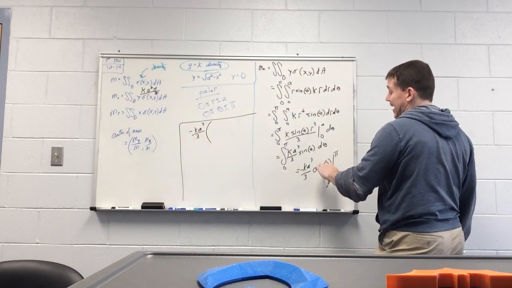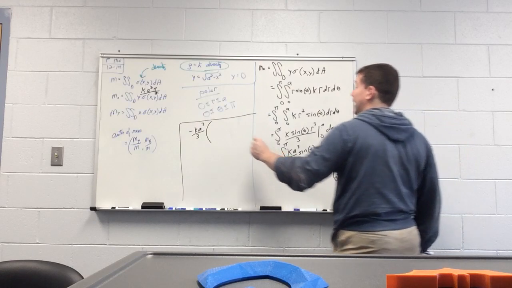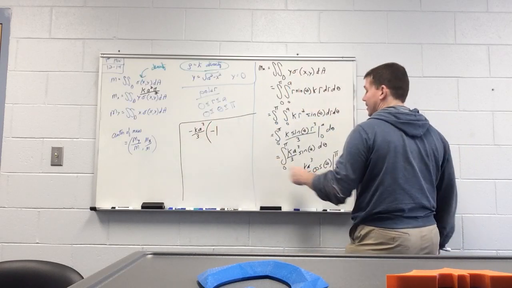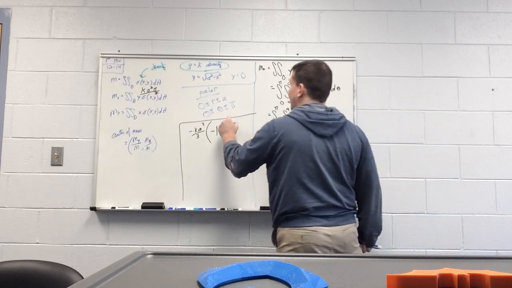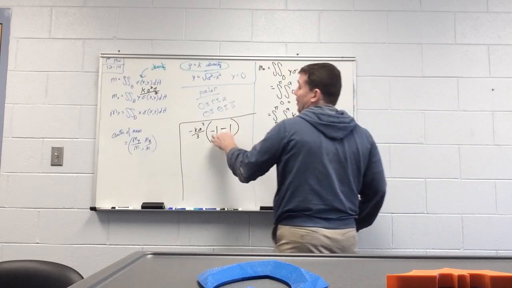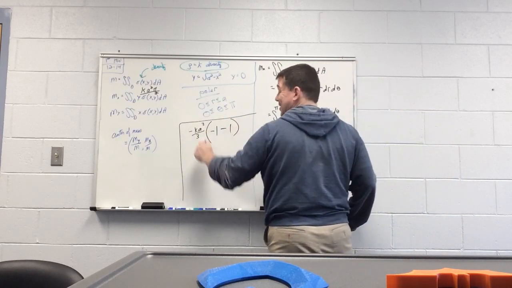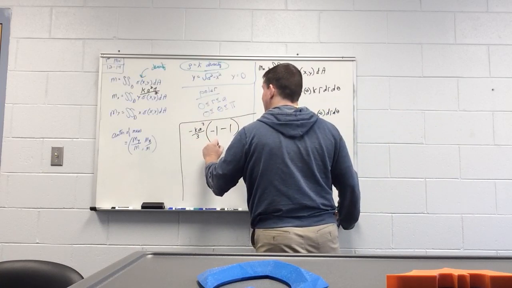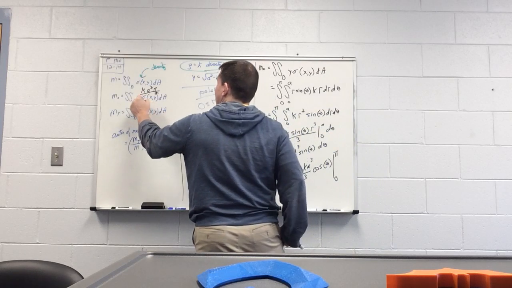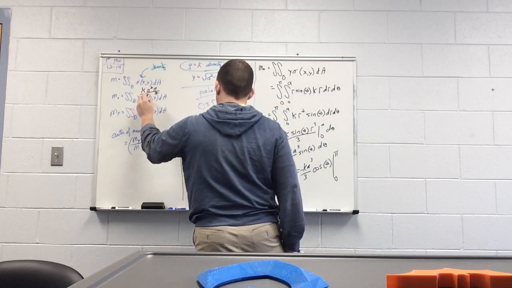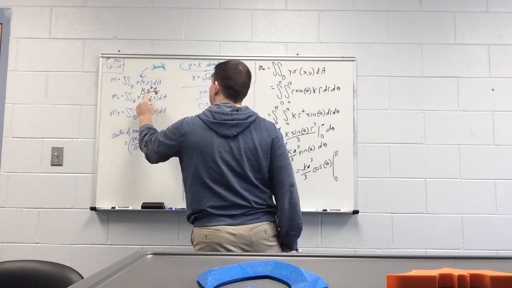If I plug in pi, I get cosine of pi, which is negative 1, minus, if I plug in 0, cosine of 0, which is 1. Minus 1 is negative 2. There's a negative out in front. So I get 2k a cubed over 3.